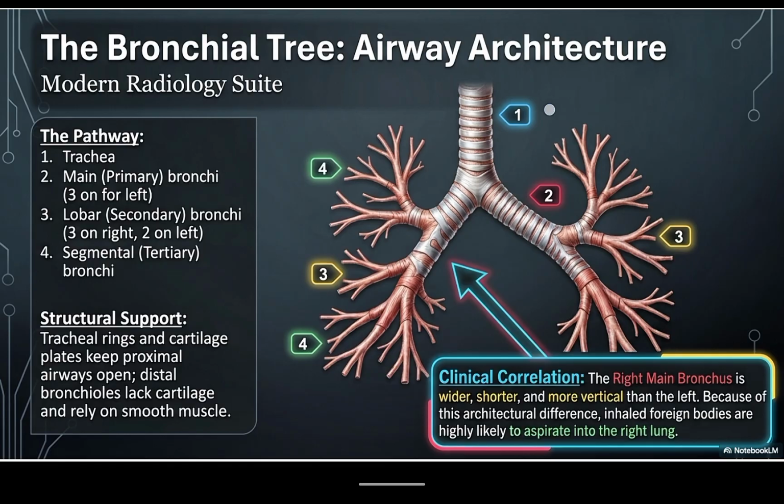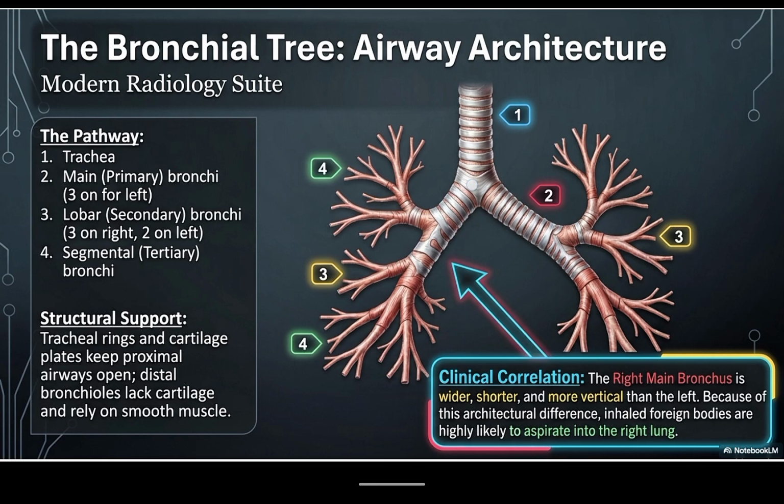branch into the lungs. So the first one is the trachea, and look at the trachea, this long pipe here, which is made up of cartilage. Tracheal cartilage, ring cartilaginous structures, are called the trachea. So this trachea branches into left and right main bronchi.